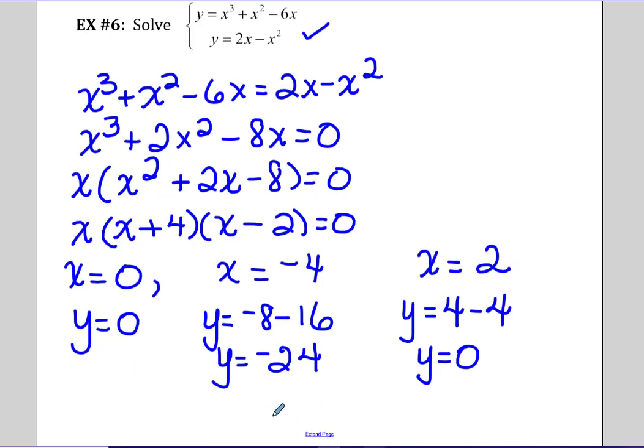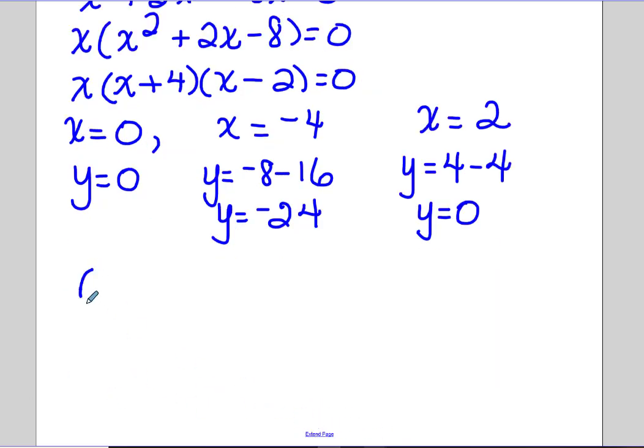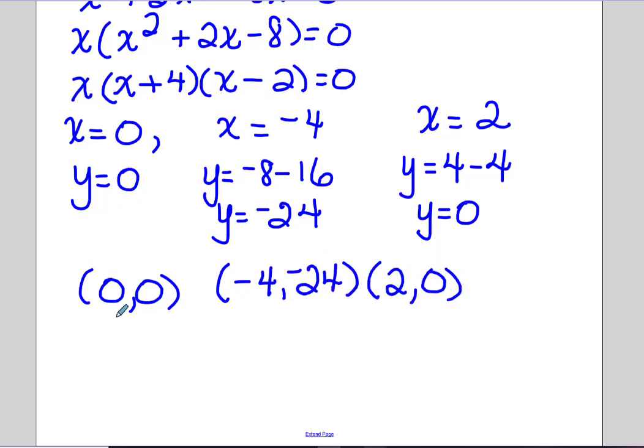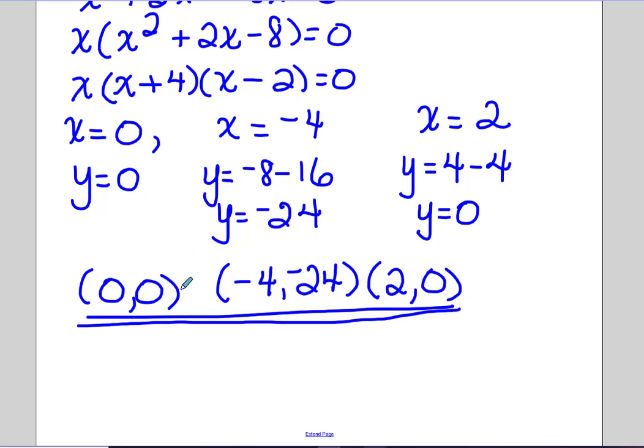That gives us 3 ordered pairs for our solutions. The first is the origin, and then -4, -24, and then finally 2, 0. So this particular system, I didn't graph it, but this particular system has 3 points of intersection. And those were pretty straightforward, easy to find.